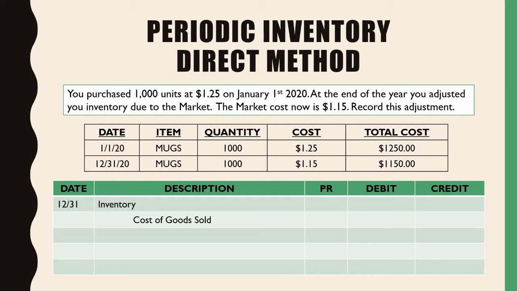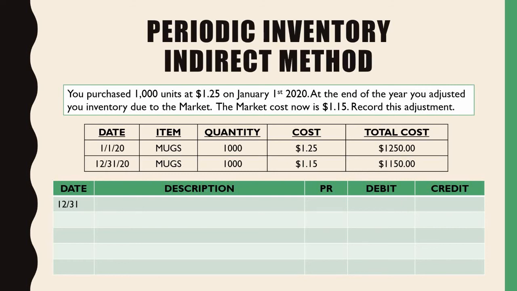All right, and we're doing it for the amount that we are now costing it at, right? So this is assuming that we're doing it at the end of the given period, right? We're doing the conversion entry, so this is what happens. Okay, so instead of placing the inventory items at $1,250, I'm going to place it in at $1,150. All right, and I'm going to subtract that out of my cost of goods sold.